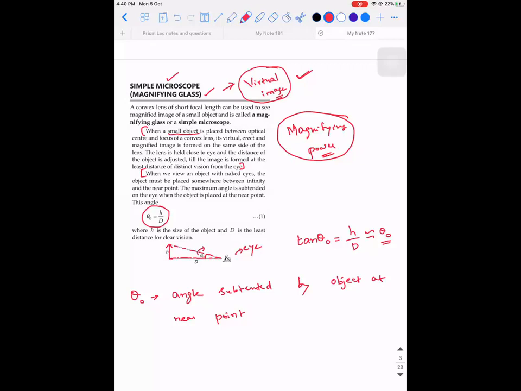Because you're focusing at the near point. That's not the reason. If you read, converging lenses. Converging is this one. Convex lens is converging. Converging means all the rays meet at a point. Concave lens is diverging. It always forms a virtual image.